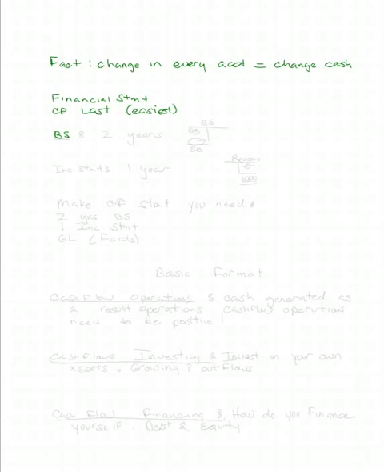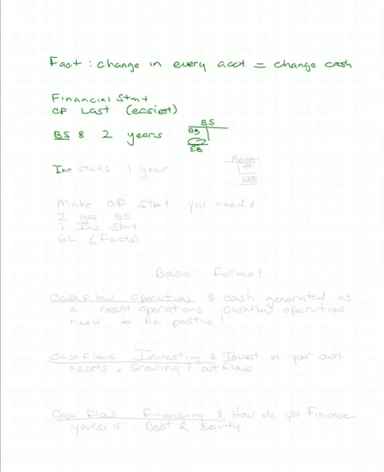For balance sheets, you need 2 years. Can you guess why? Well, on a balance sheet account, you need to know its beginning balance and its ending balance so you can come up with the change.